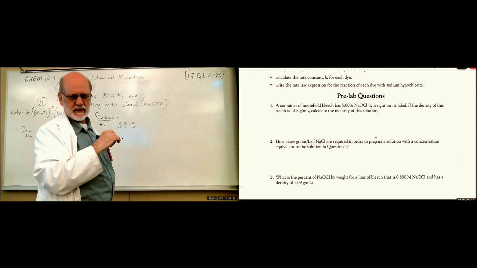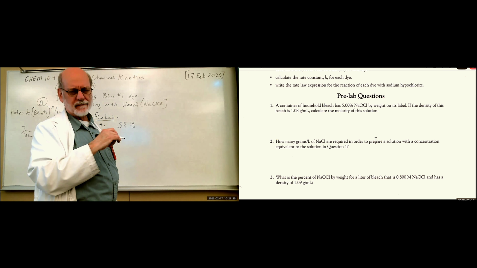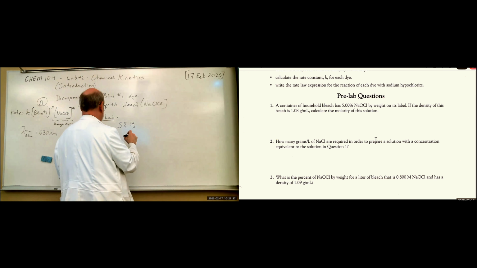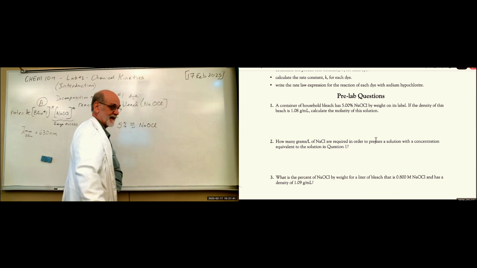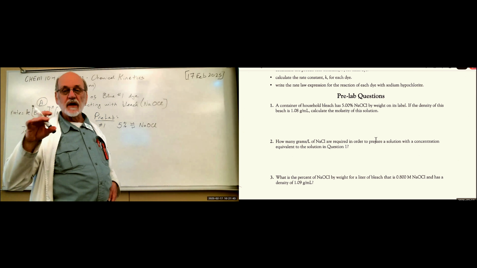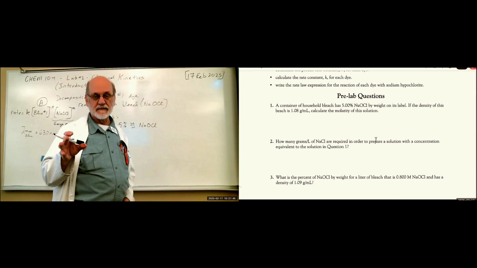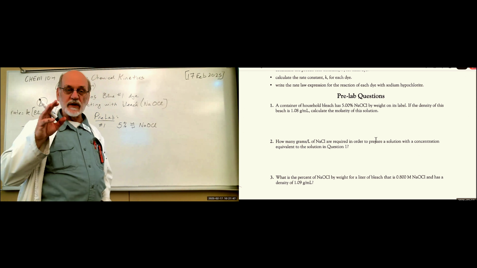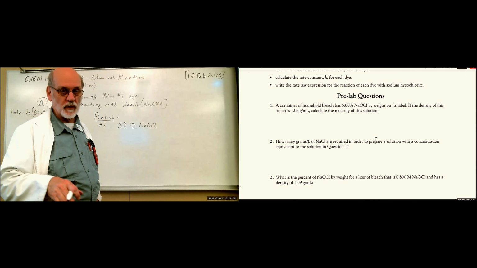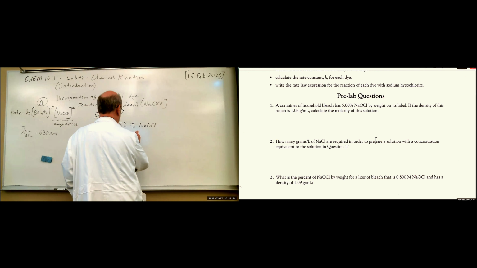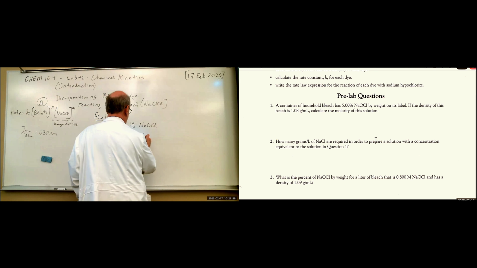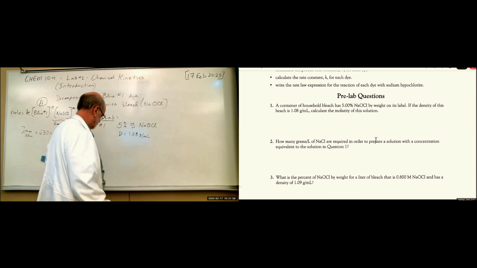I think it's weight of sodium hypochlorite. What we want to know is what is the molarity of that solution? And we know the density of that solution is 1.08 grams per milliliter.